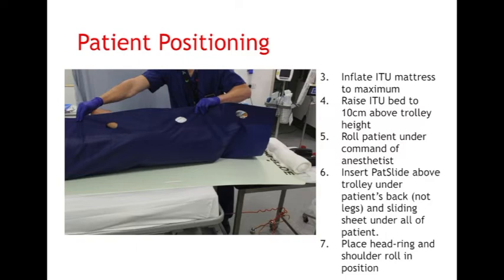Again, depending on the habitus of the patient, a suitably sized shoulder roll, ideally disposable, should be used and a stable head ring placed. We have found it most useful to raise the ITU bed approximately 10 centimeters above the height of the operating table.